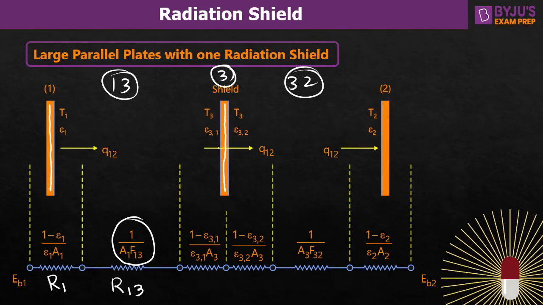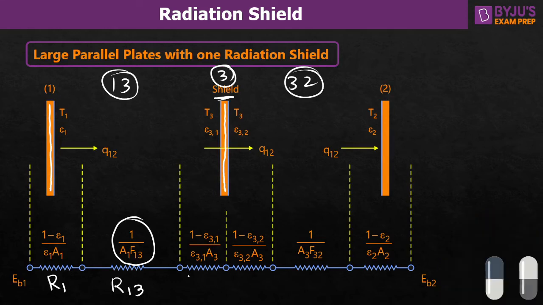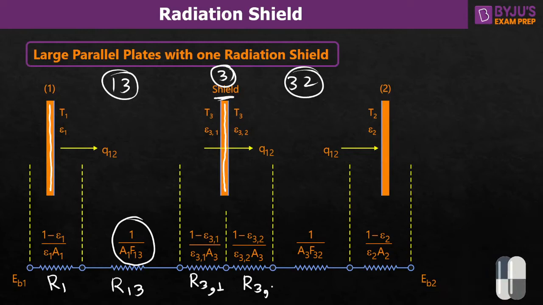Then there is a surface resistance on the left hand side of the shield, that is 1 minus epsilon 3, towards side 1, upon epsilon 3 A3, that is R3 towards 1, the surface resistance. There is another surface resistance towards side 2, that is 1 minus epsilon 3 upon epsilon 3 A3, that is R3 again towards side 2.